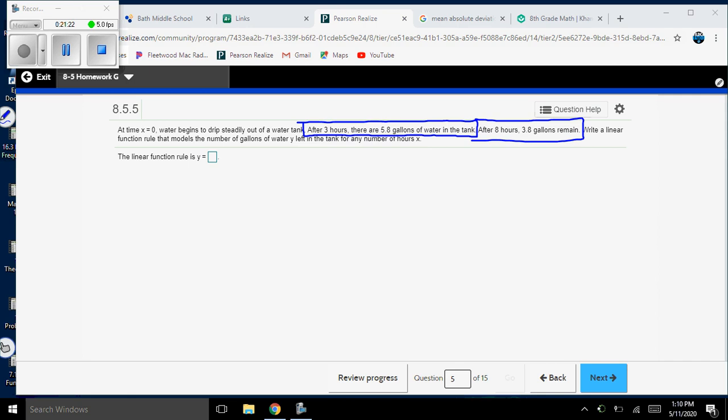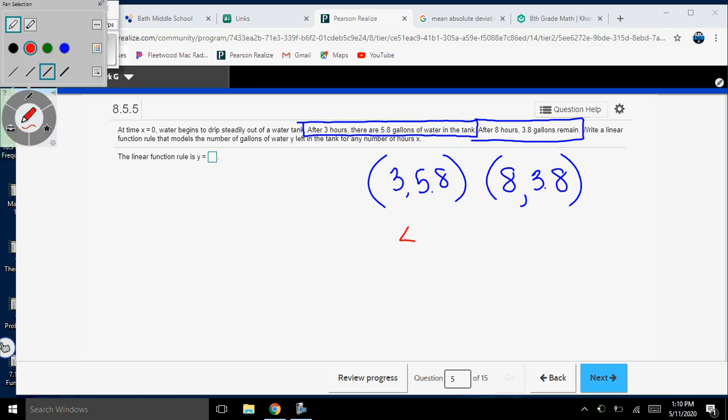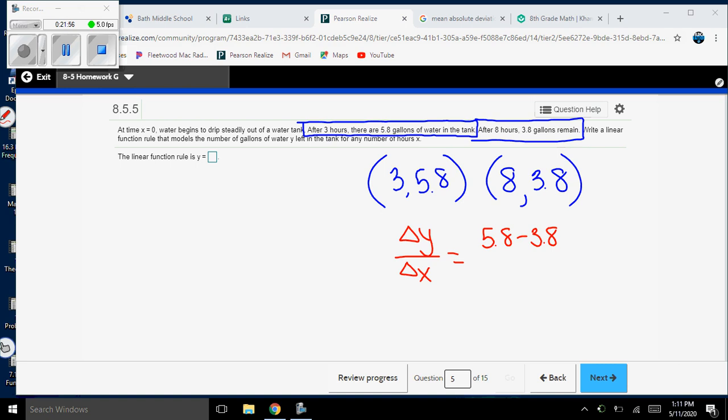So once again, in essence, you could say it's (3, 5.8) if we looked at it from the standpoint of an ordered pair, and you're going to move to (8, 3.8). So if we go difference in y over difference in x, once again, we're going to go ahead and go 5.8 minus 3.8, and then I have to start here, remember, I'm going to go 3 minus 8 right there.